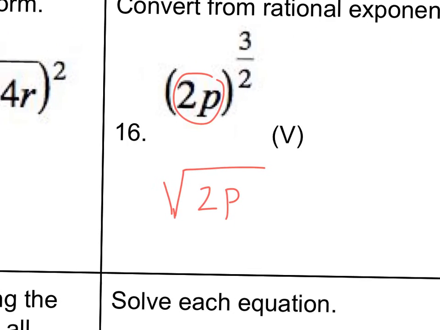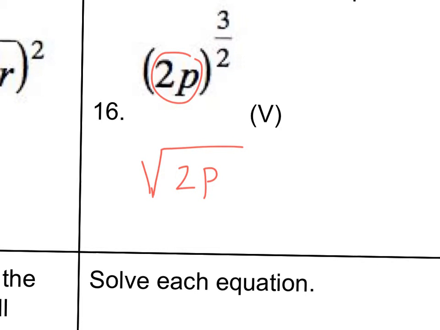Going backwards, we tend to not have that issue as much, depending on how you write this, because the radical acts as a grouping symbol for us. We know that the numerator here becomes the power here. If you put this on the outside, you don't have to worry about parentheses. The denominator here becomes the index here.